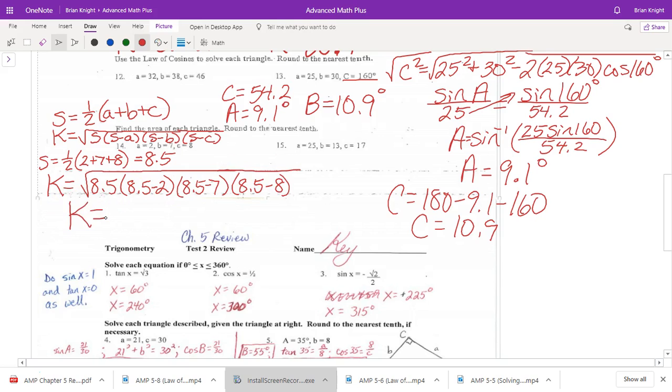That is all the work you have to show that you plugged it in, and then the calculator does the rest. You should get 6.4, and it is area, so it would be units squared.